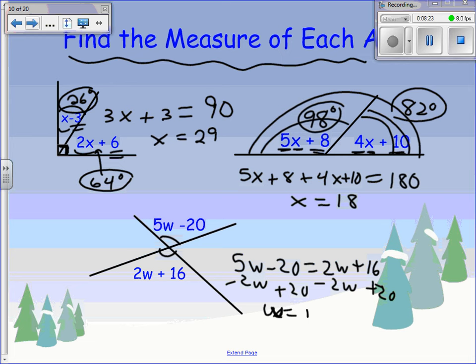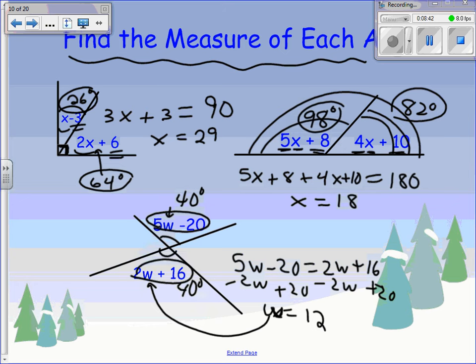And you have w is equal to 12. Plug in if needed, and it is in this case. So plug in for w here and also above, and you should get that each of these expressions ultimately are worth 40 degrees. And they should be because they are congruent to one another since they're vertical angles.